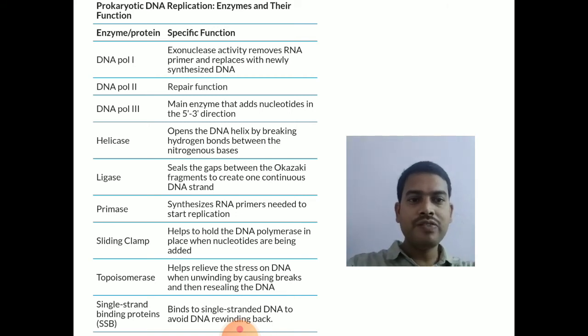So DNA polymerase 1 is also called Kornberg's enzyme. This Kornberg's enzyme has an extra activity, 5' to 3' exonuclease activity, which plays an important role in proofreading after DNA replication.